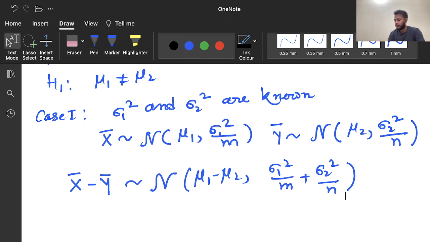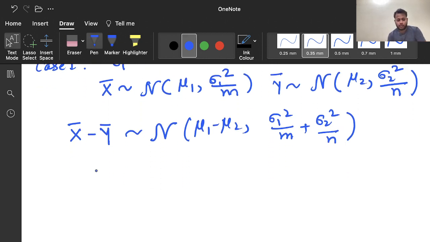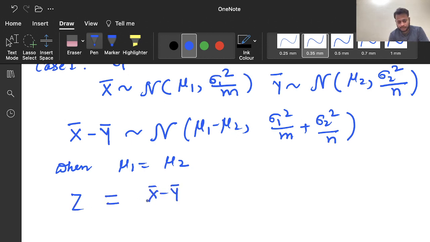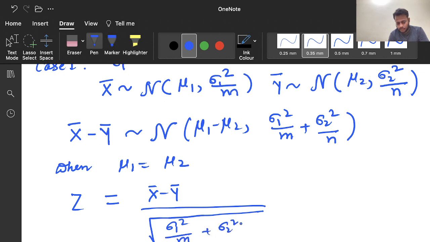Now from the linearity property of the normal distribution, x bar minus y bar will follow normal with mean mu1 minus mu2 and variance sigma 1 square by m plus sigma 2 square by n. When mu1 equals mu2, z equal to x bar minus y bar over the root of sigma 1 square by m plus sigma 2 square by n will follow the normal 0, 1 distribution.